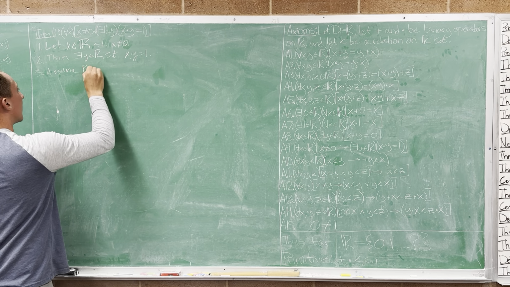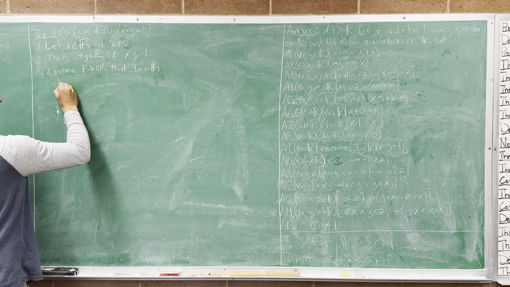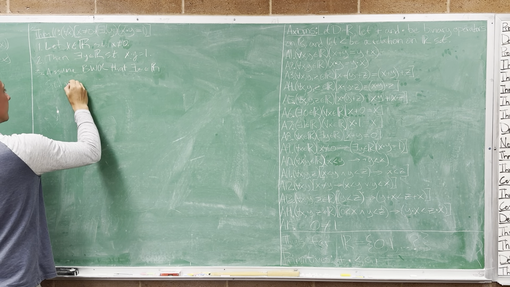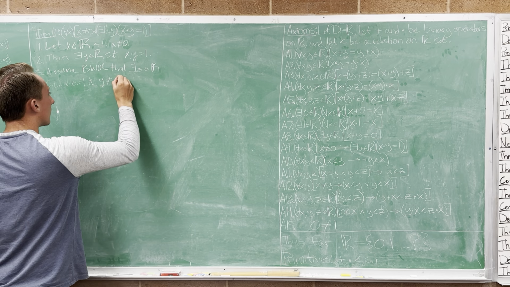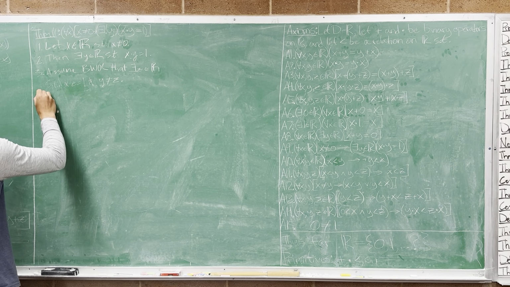He's going to assume by way of contradiction that there's some other thing in R, he's calling it z, such that x times z is equal to 1, but z is something different from y. Yep. So z is not equal to y, but z is also a number such that x times z equals 1. Okay, now.